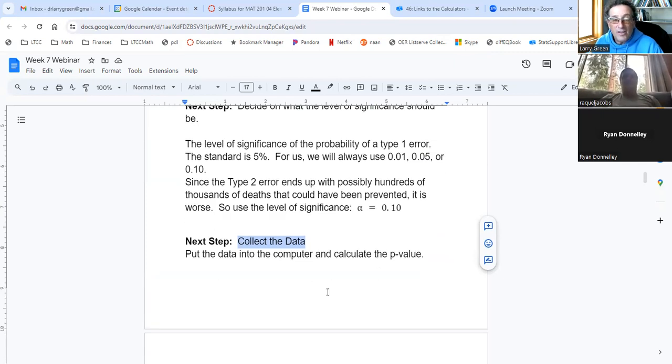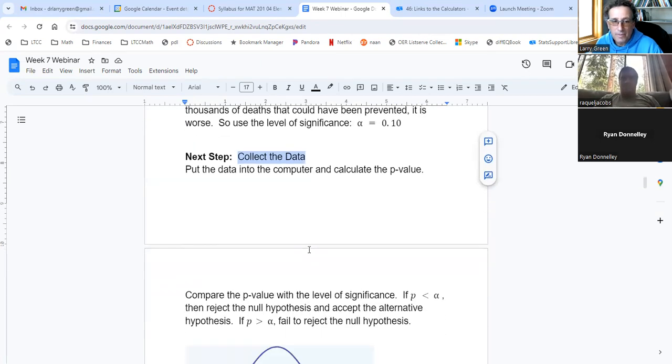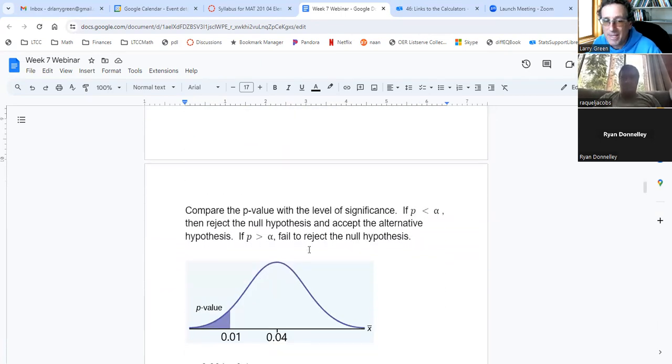Okay. So then once you've collected your data, and again, that could take months. This COVID thing took months to do. Then you put the data into the computer and you calculate the p-value. Okay. So I have a picture, and this is something that we've already talked about, and that is if you have a large enough sample size, then the sampling distribution will be approximately normal.